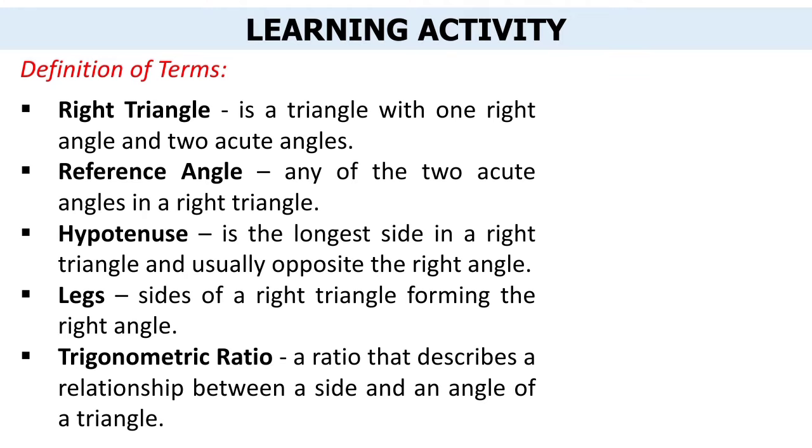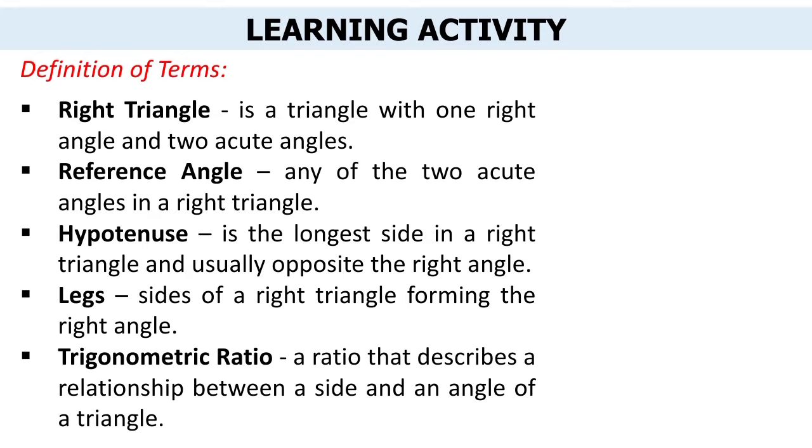So let's start with this learning activity, the definition of terms. We have the terms right triangle, reference angle, hypotenuse, legs, and trigonometric ratio.